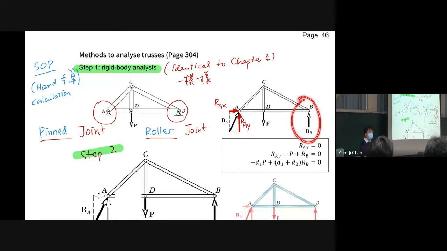It's okay. So this is not chapter 6, these are the things from chapter 4. I think we can do this.